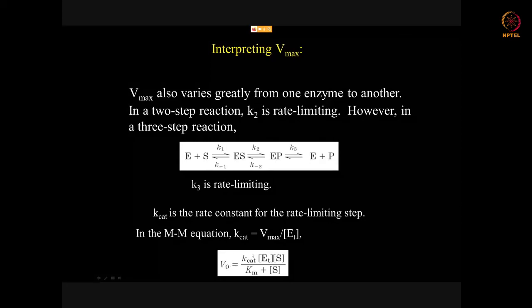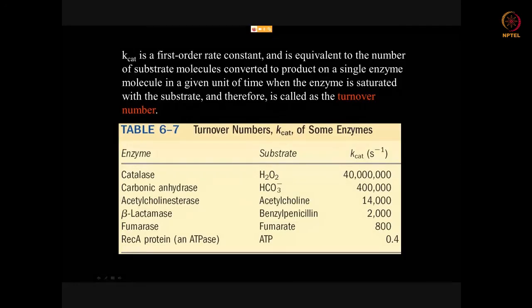And this term Kcat indicates the number of substrate molecules that are converted into product on a single enzyme molecule when the substrate is at a saturating concentration. Okay, so that is another definition.